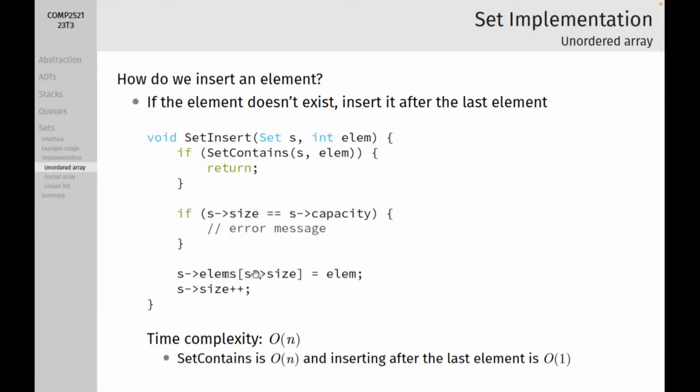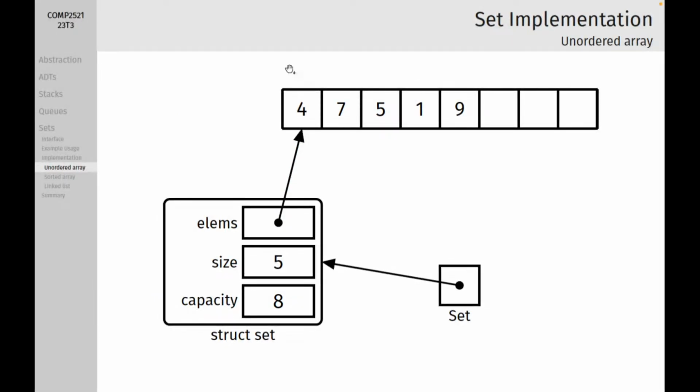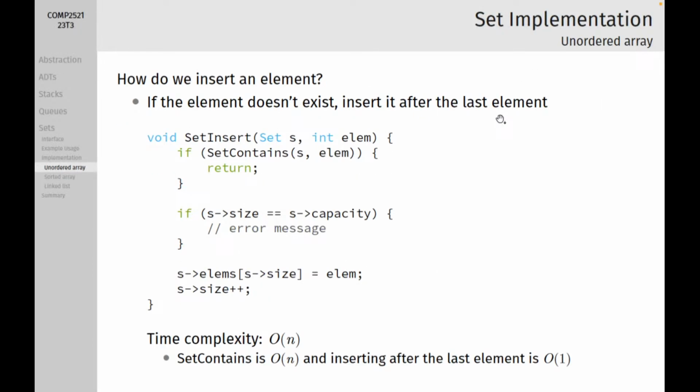So the way we do that is we insert the element at index size. Right? That's because, for example, if there are 5 elements, then the elements are stored at indexes 0 to 4. So index 5 is where the next element would go. Okay? Then we increment size. All right, so the time complexity of this one is also O(n), right? Because set contains, we already saw earlier, is O(n), and inserting after the last element is O(1), right? Because you can easily calculate where that element goes.